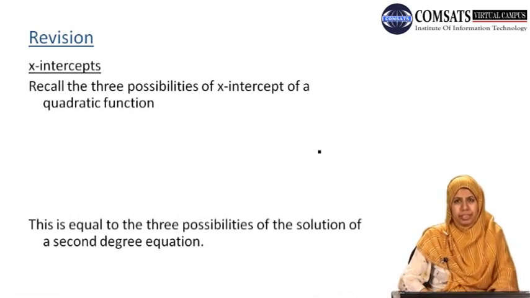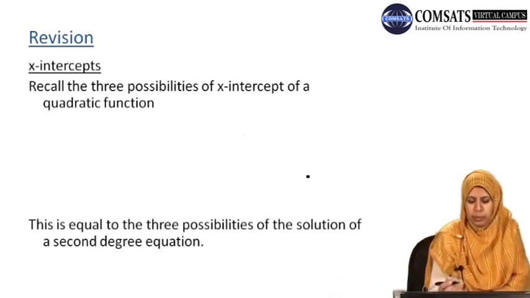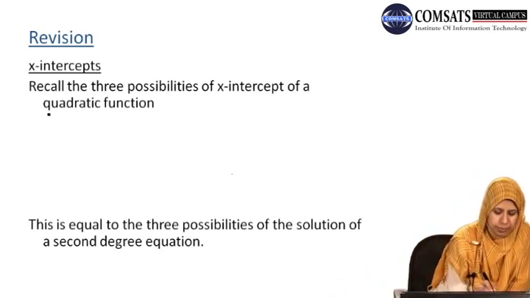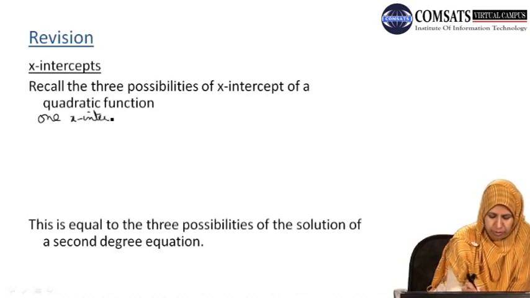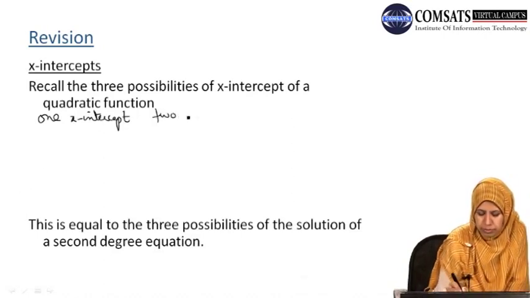Further, we have seen in our last lecture that there are three possibilities of x-intercept of a quadratic function. The three possibilities were when the quadratic function has one x-intercept, when it has two intercepts, and when it has no intercept.